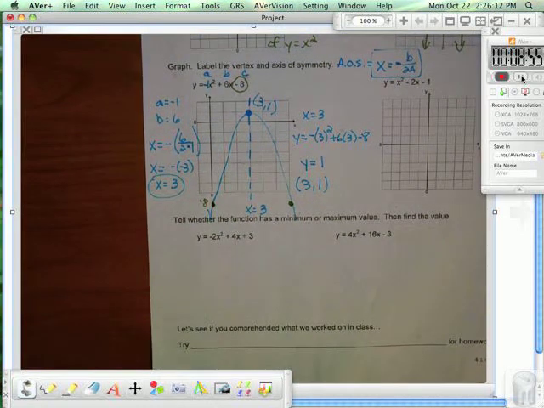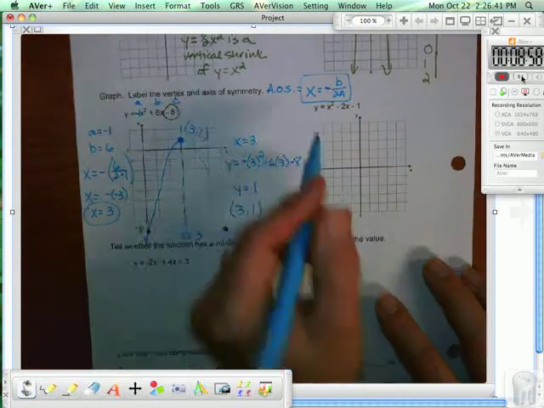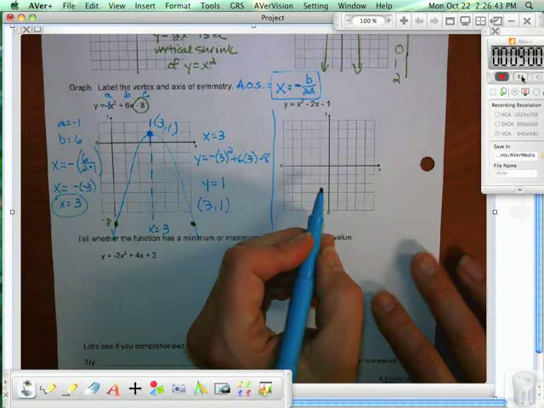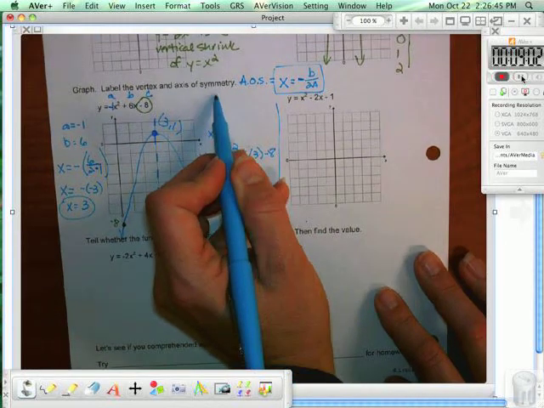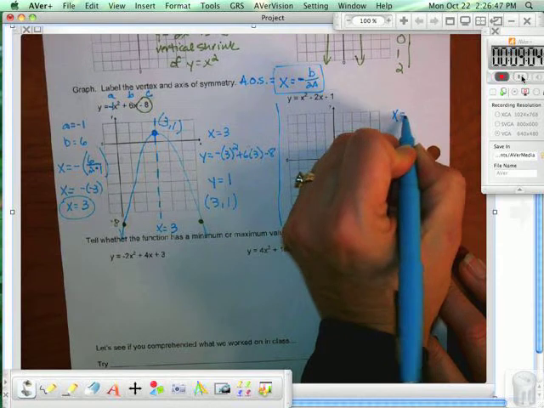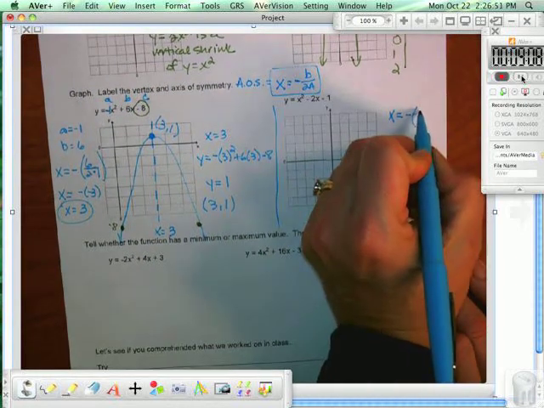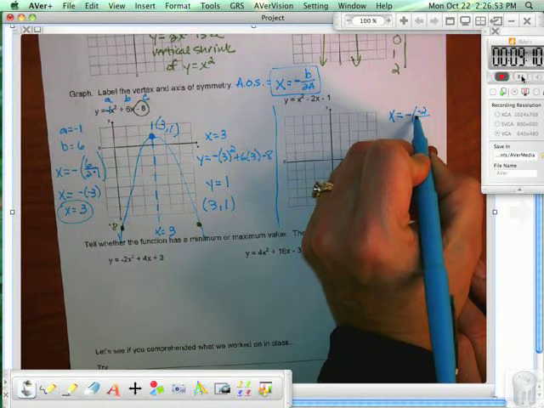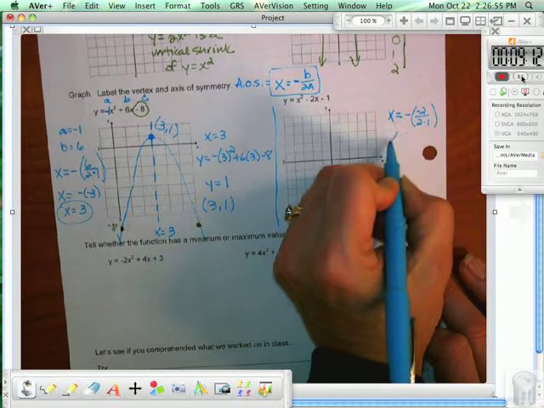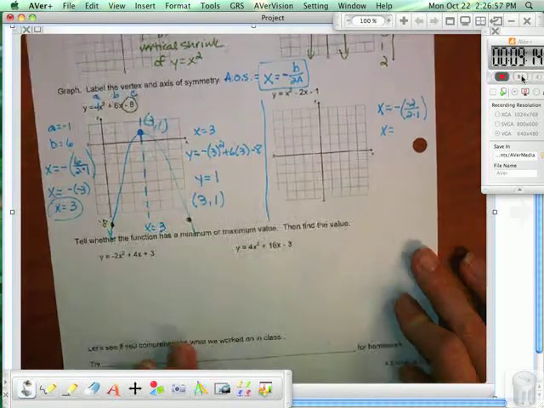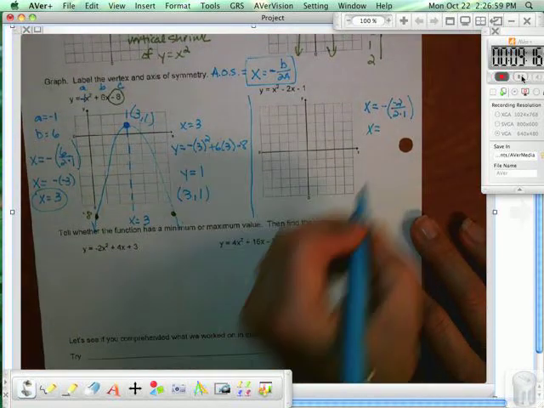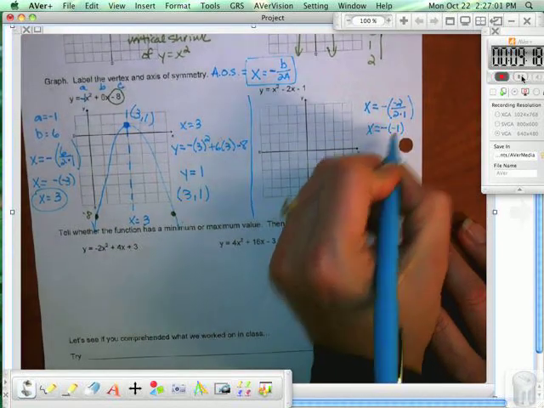Do this next one. All right, let's do this one quicker. We need to find the vertex and the axis of symmetry, so let's start with this equation. X equals negative B over 2A. B is negative 2 over 2 times 1. What's X equal? 1. Yes, X equals 1.